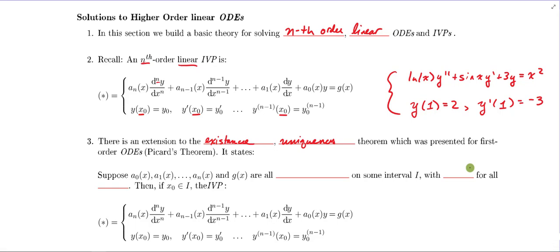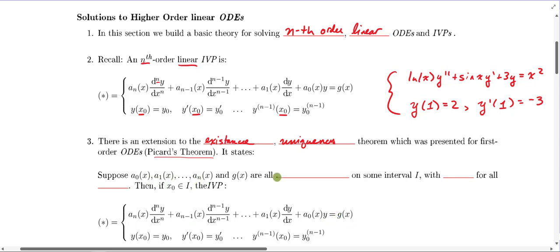While Picard's theorem applied to any first order ODE, this existence uniqueness theorem assumes that we are dealing with a linear nth order ODE. So be careful here. Suppose we have these coefficient functions, a0, a1, through an, and g. These are the coefficient functions here, and sometimes I'll call g the forcing function.